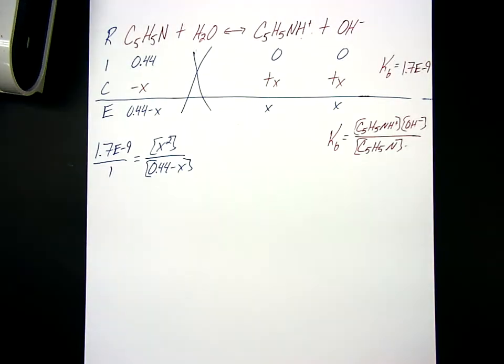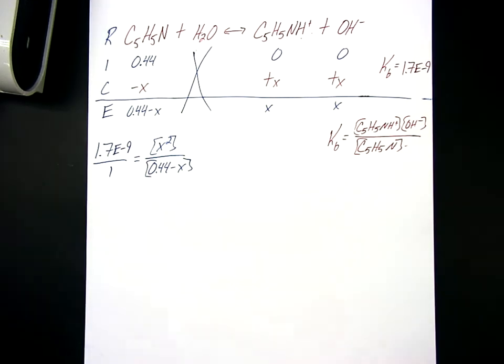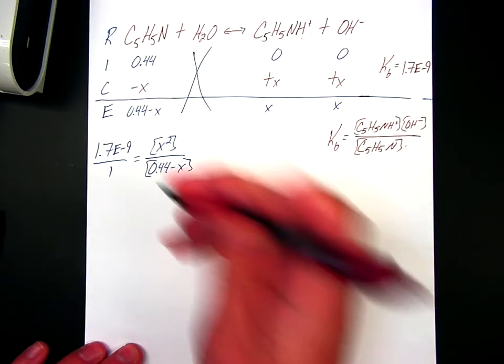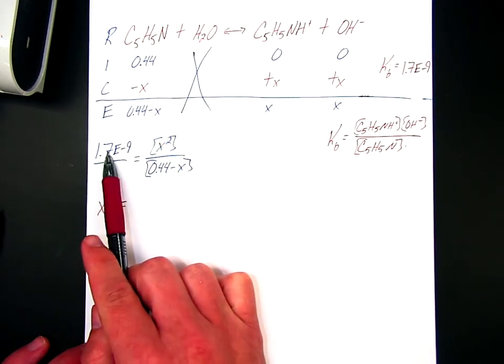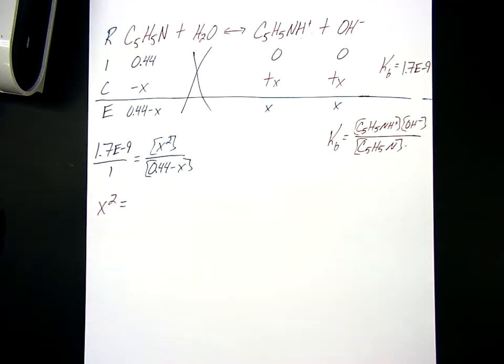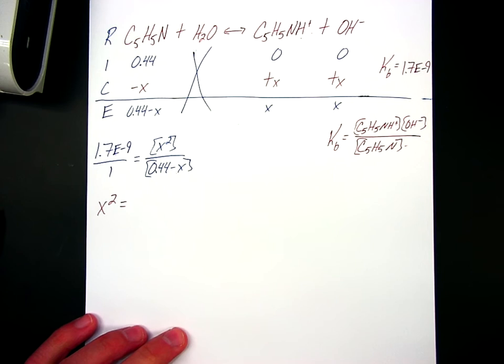All right, so let's simplify to start solving for x. As I do that, 1 times x squared is x squared, and then my value here is going to distribute into each part of that bracket.